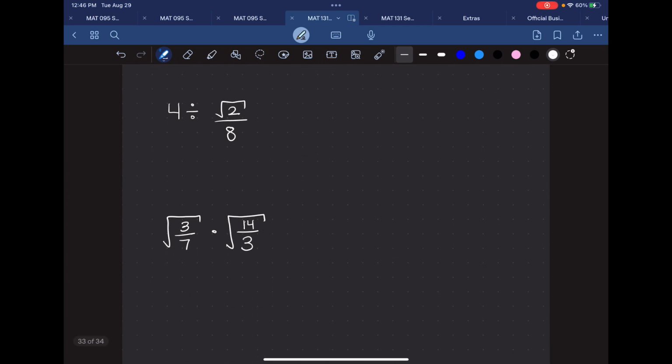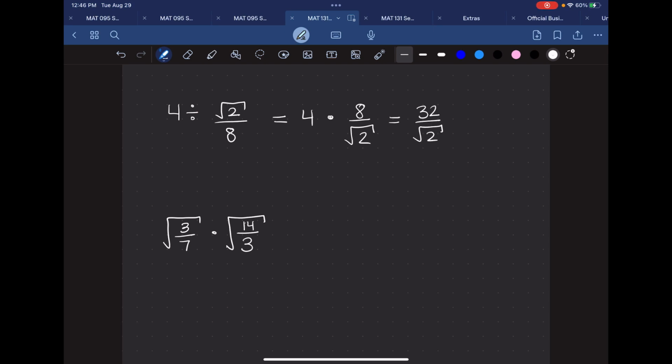Alright, now we have 4 divided by square root 2 over 8. I'm going to go ahead and write this as a multiplication problem. So I have 4 times the reciprocal, which would be 8 over square root 2. And I can go ahead and multiply across. So I've got 4 times 8 gives me 32 over square root 2.